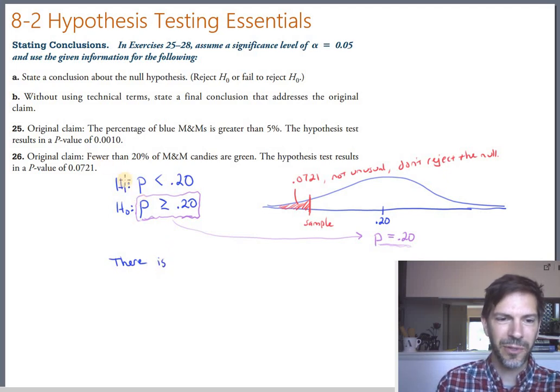Since the original claim was essentially the alternative, I'm going to talk about the original claim and just say there was not enough evidence here.